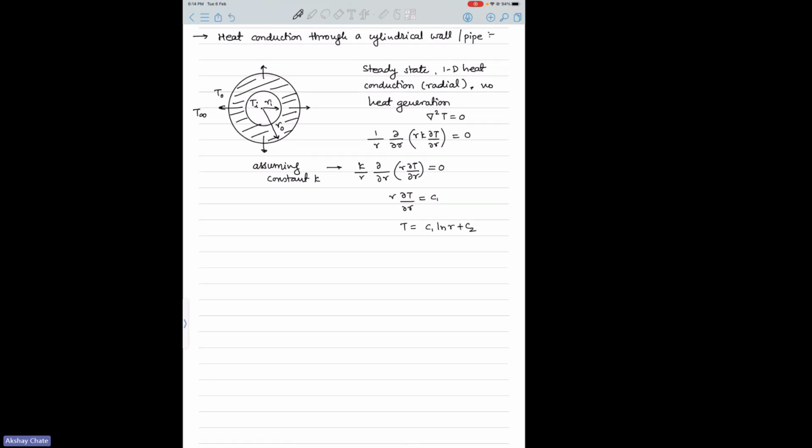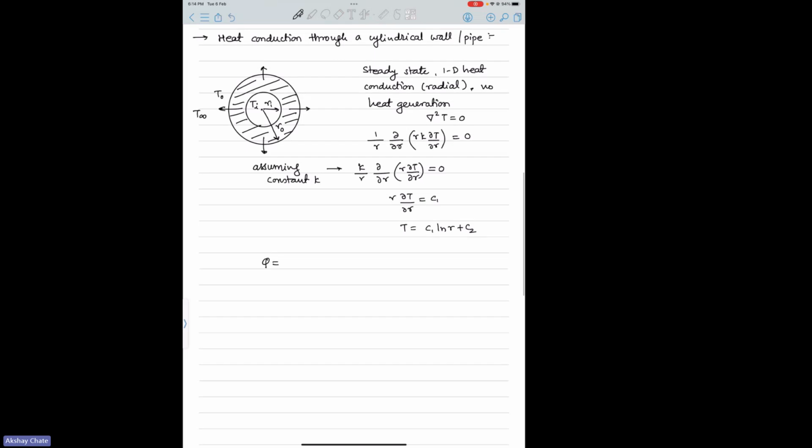The important thing that comes out of here is you get something like Q equal to minus k A dT by dr, and since it's a steady state, you can calculate it at any r and it should be the same, otherwise it won't be a steady state.